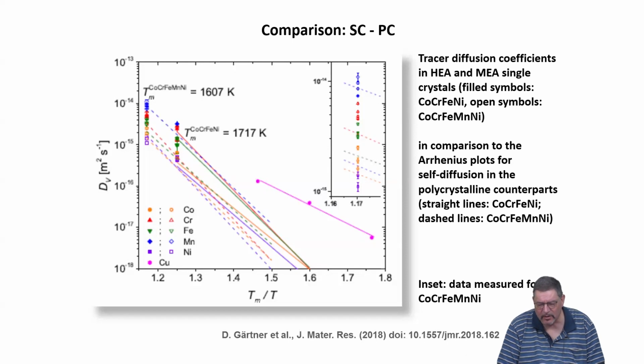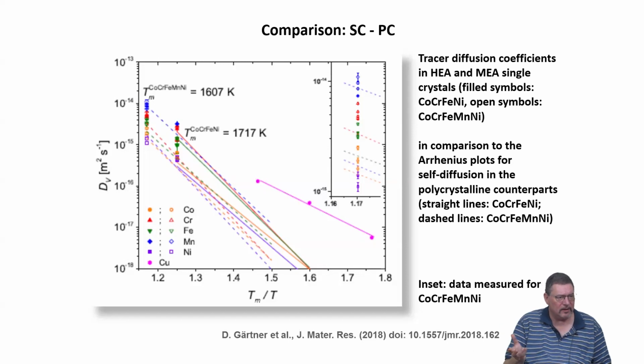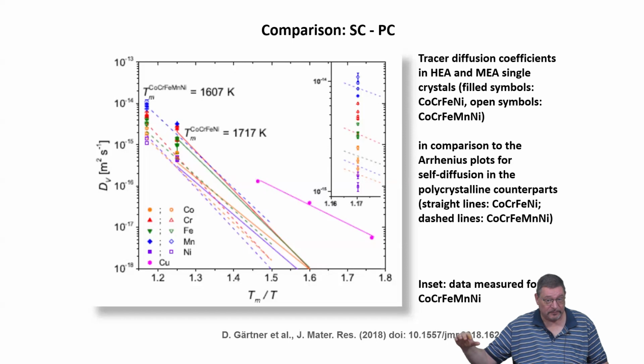And basically, what you see is that the polycrystalline data and the single crystalline data do align very well, which means we have correctly evaluated our polycrystalline data in terms of the volume diffusion. Grain boundary diffusion was occurring, it's always there, but it was correctly taken into account so that the analysis of the data was done in the correct way.